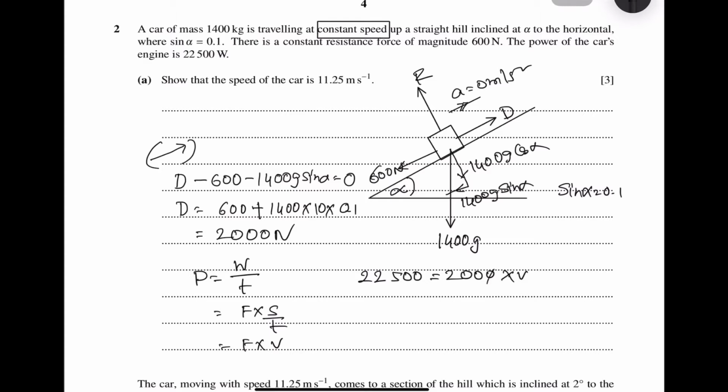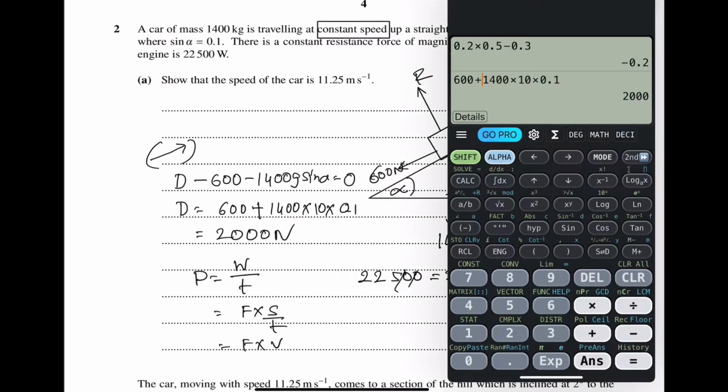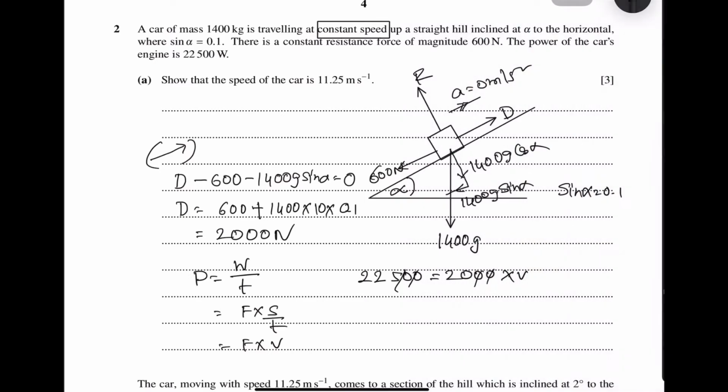So let me simplify, 3 zeros, 2 zeros, then 225 divided by 20, so it is 11.25.